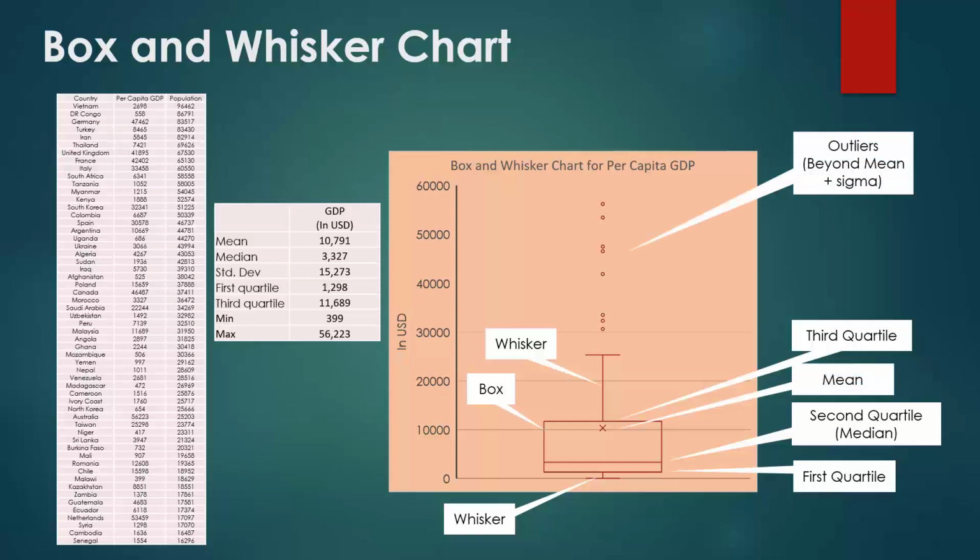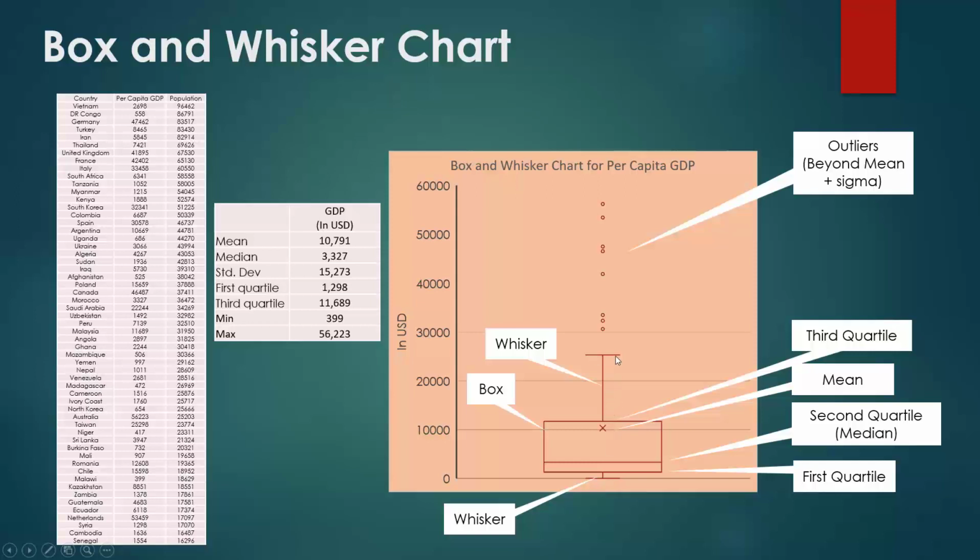Now, in this case, the end of the whisker is not at 2.5 sigma, it is at 1 sigma, because the minimum value is not even 1 sigma away. Excel decides the length of the whisker by looking at the standard deviation on both sides of the mean. So in this case, it didn't make sense to have 2.5 sigma above the mean on top when the minimum value here is less than a sigma away from the mean.